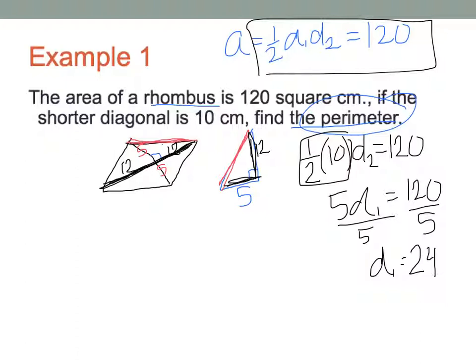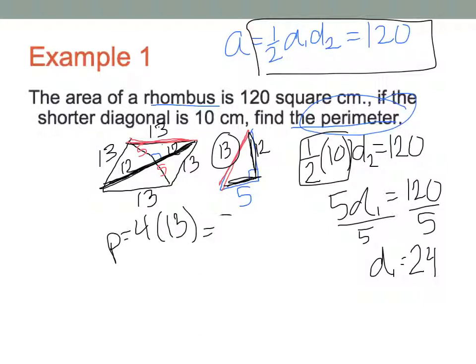Now let's just use Pythagorean theorem or know special, and I get 13 for this length. Again, it's asking me for the perimeter. So I'm going to write 13 here, 13 here, 13 there, and 13 on my 4th side. So the perimeter equals 4 times 13, and I get 52 centimeters for that.